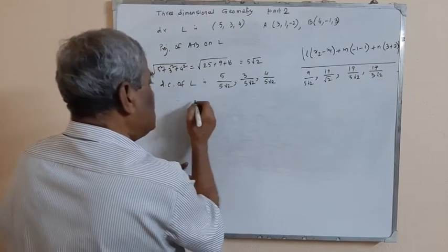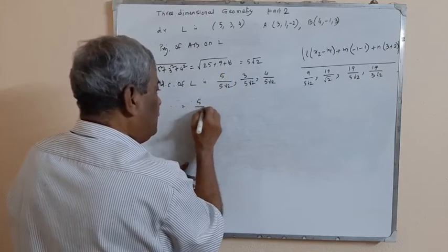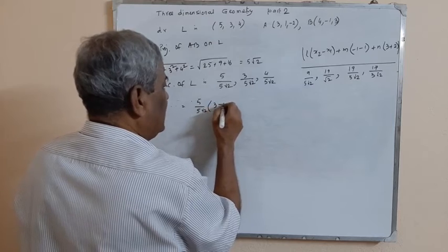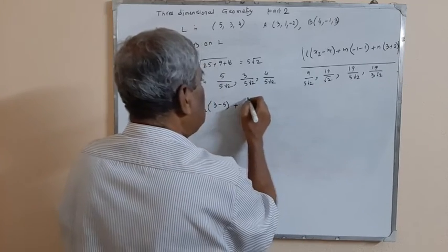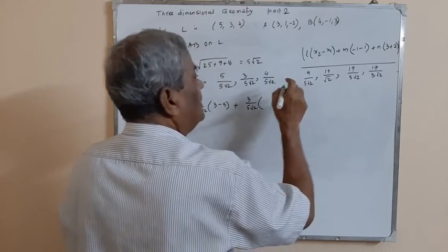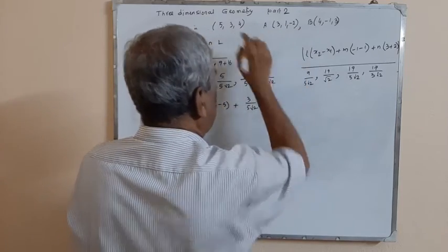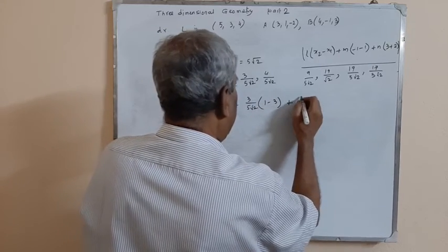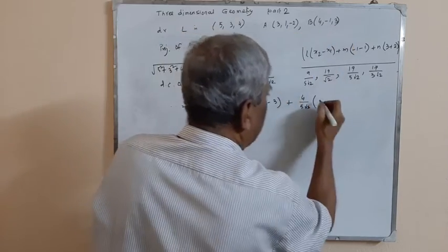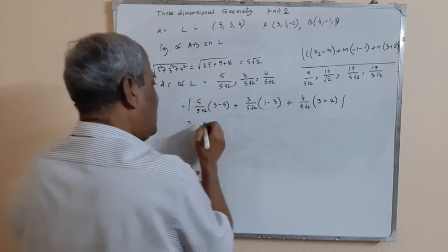So as per the condition, the required projection is L, which is 5 by 5 root 2, into x2 minus x1, 3 minus 5, plus m, which is 3 by 5 root 2, into y2 minus y1, that is 1 minus 3, plus n, which is 4 by 5 root 2, into z2 minus z1, 3 minus plus 2, its modulus value is equal to 5.